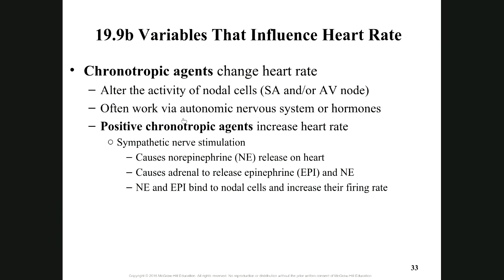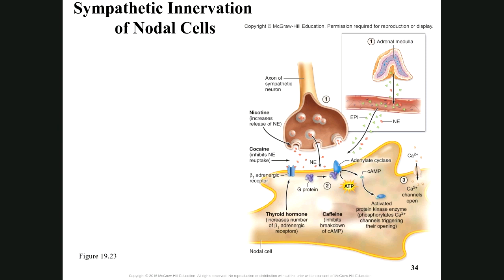The positive chronotropic agents can increase our heart rate. One of the most important positive chronotropic agents is sympathetic nerve stimulation. Let me talk about it on this picture. When sympathetic stimulation happens in our body, we have release of epinephrine or norepinephrine from the axon terminal or from the medulla of the adrenal gland.